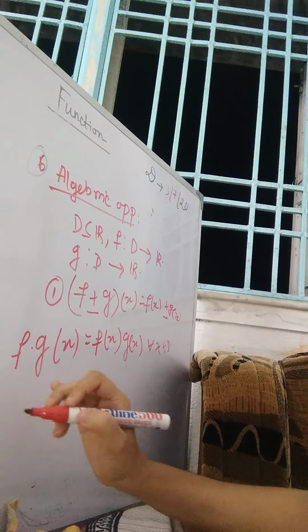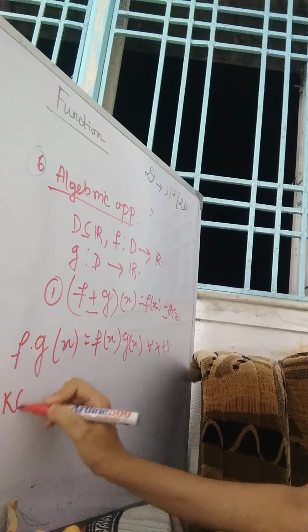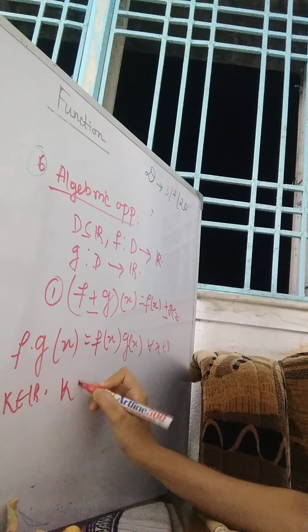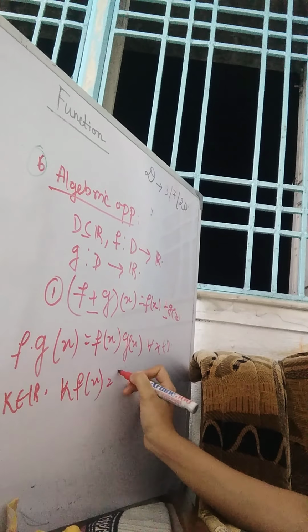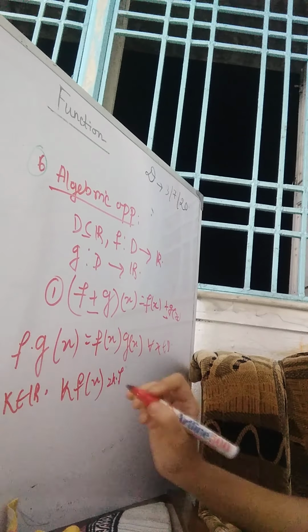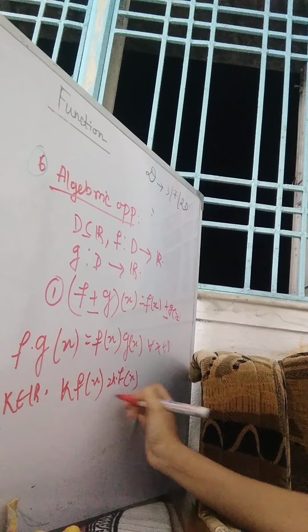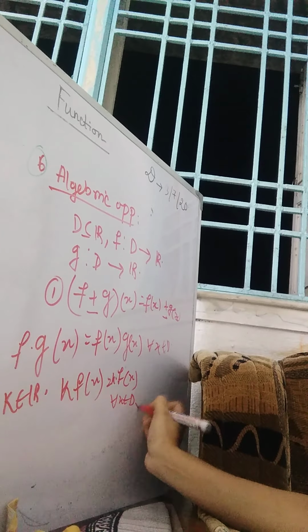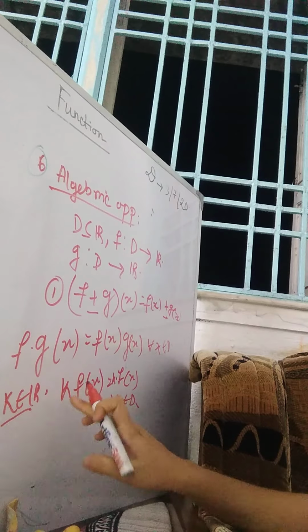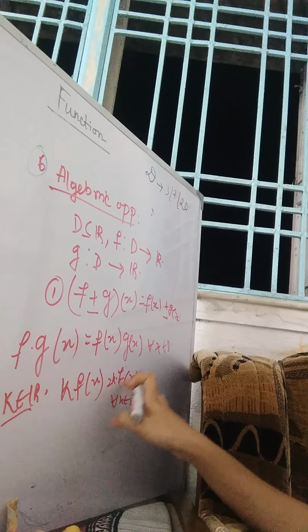The third property: k belongs to R, that is, k is a scalar number. Then (k f)(x) equals k dot f of x for all x belonging to D. That is, k is a number from R, then k times f of x equals k dot f of x.